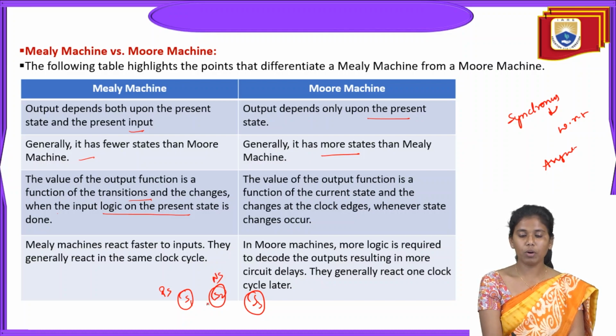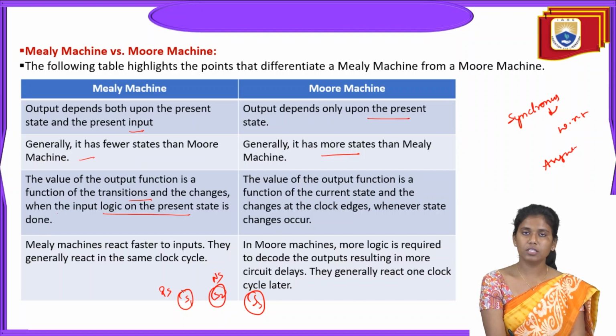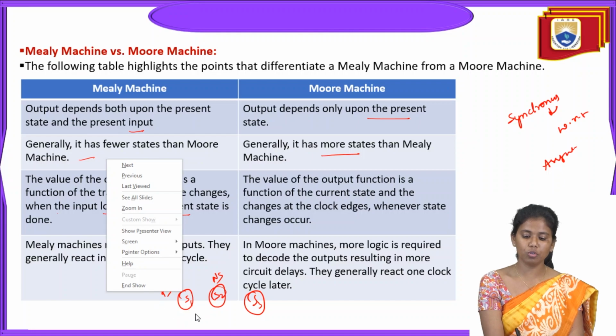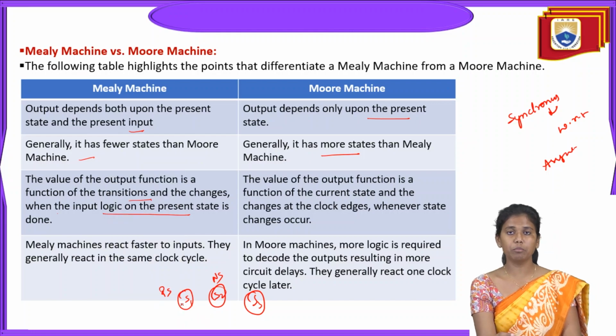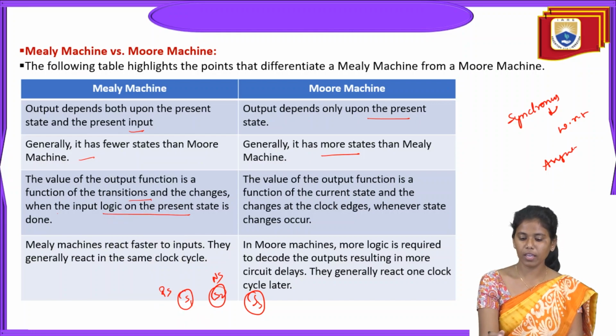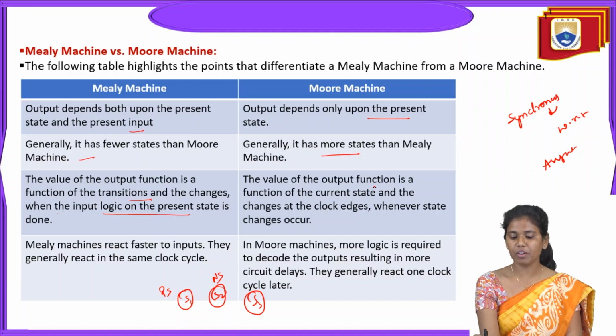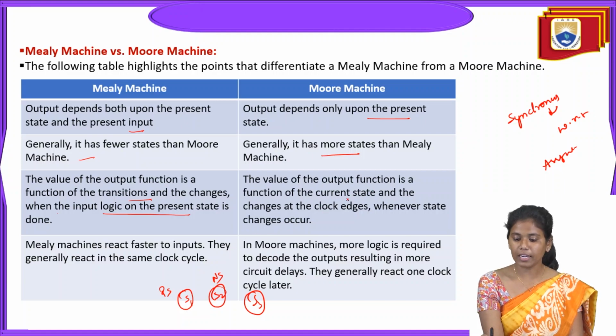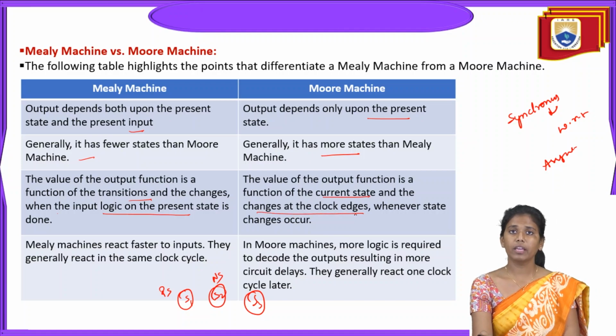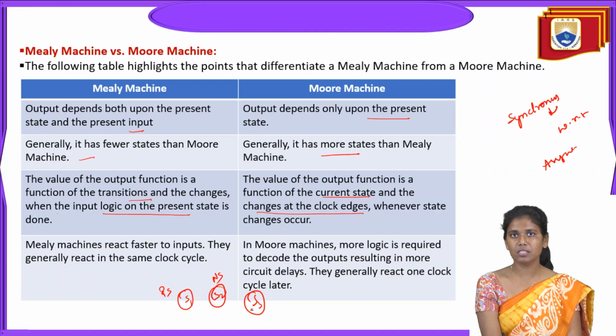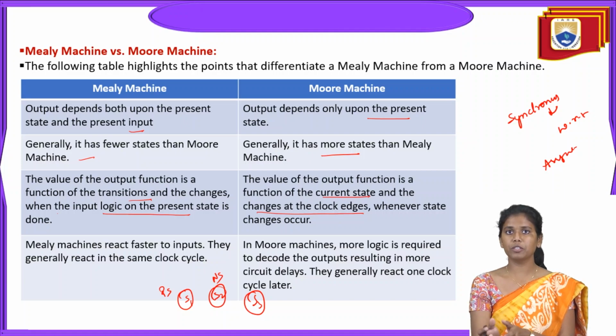When you apply some logic onto the present state, only then can you get the output for the next step. The value of the output function is a function of the current state and the changes at the clock edges, so the output and the next state always depend upon the present state and the input.